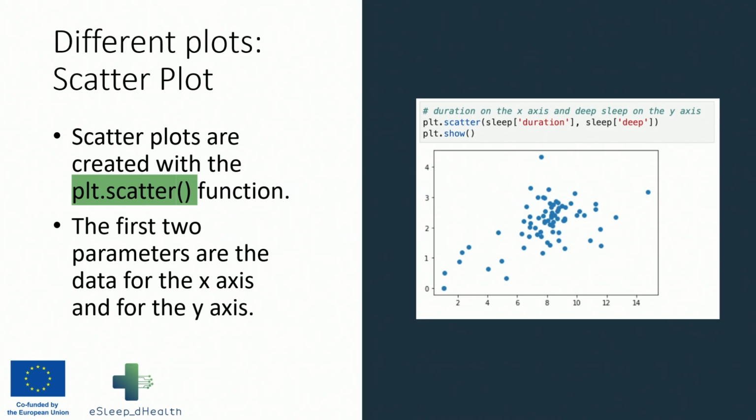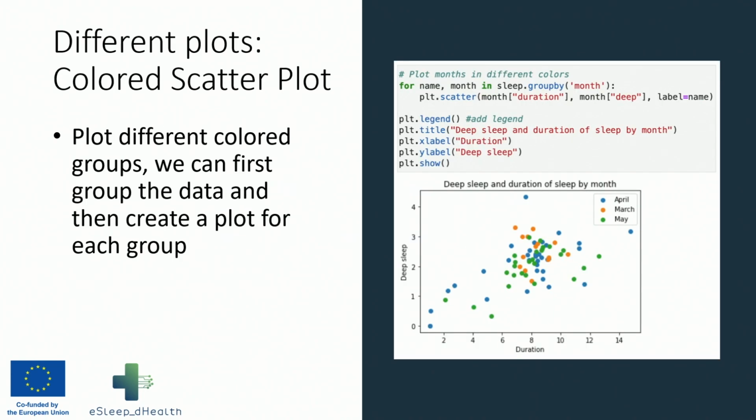So here you can see the duration of sleep by the amount of deep sleep. This is already a great plot to see patterns within the data. And that's about the scatter plot. We can also create groups within the scatter plot. So here you can see the different months in different colors within this plot.